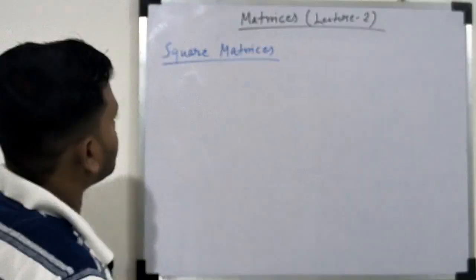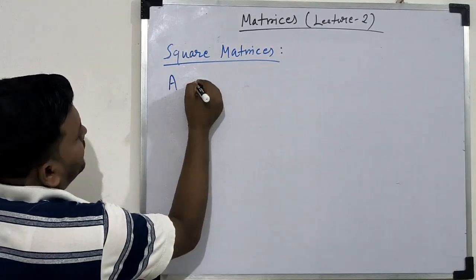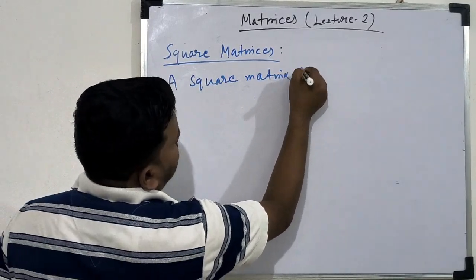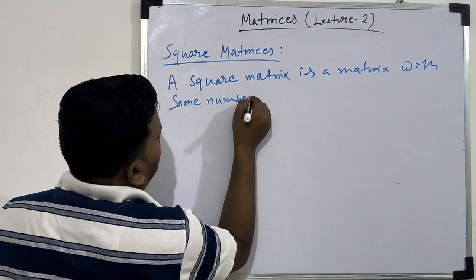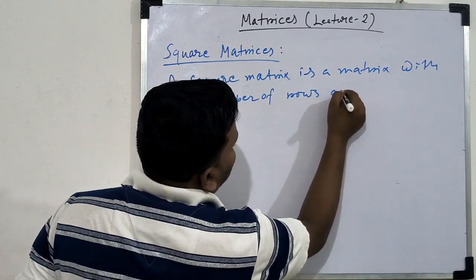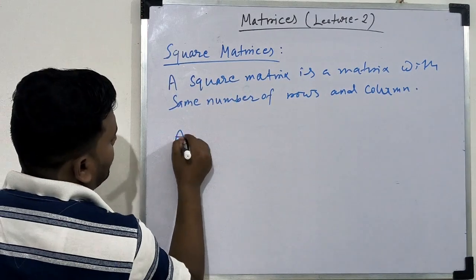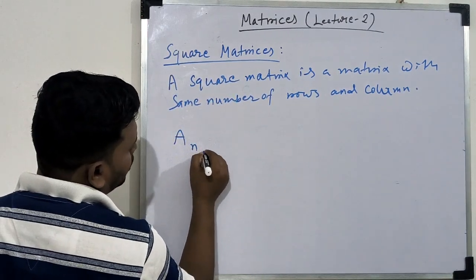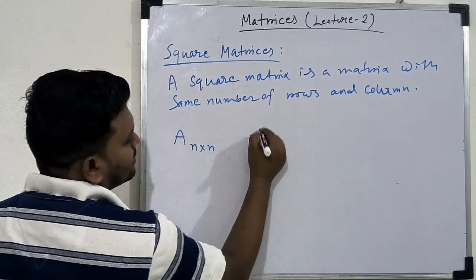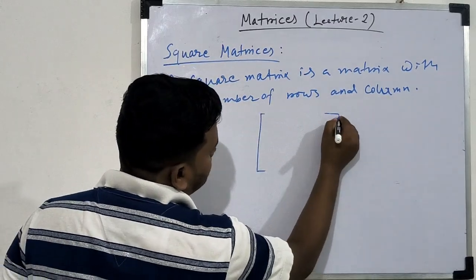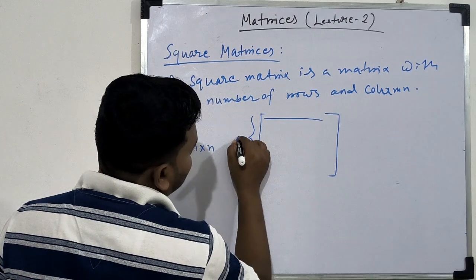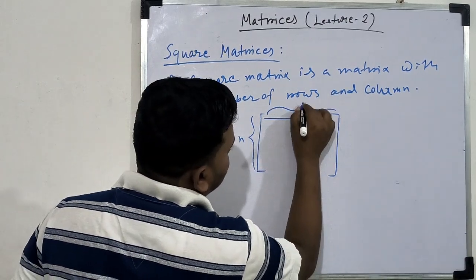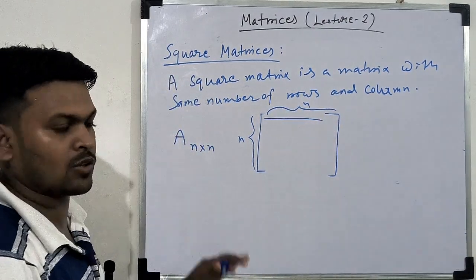Now we discuss the square matrix. A square matrix is a matrix with the same number of rows and columns. If a matrix has n rows and n columns, it is square, as the distance of n rows and n columns looks like a square.